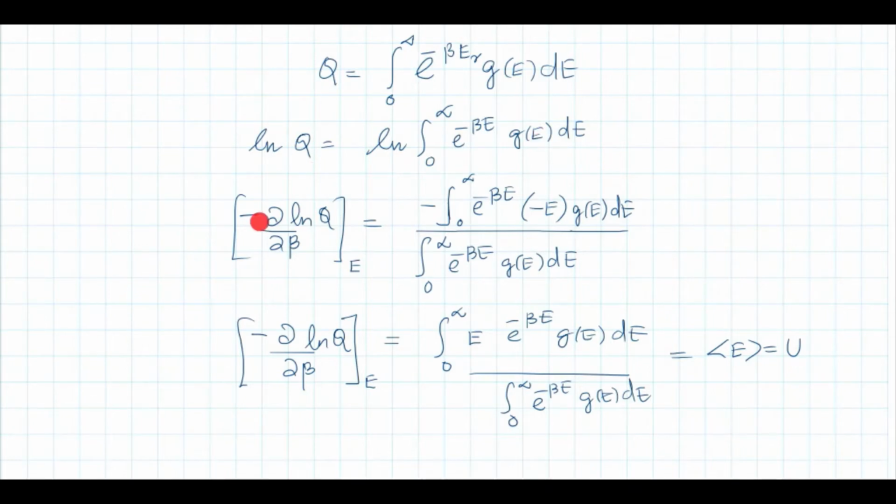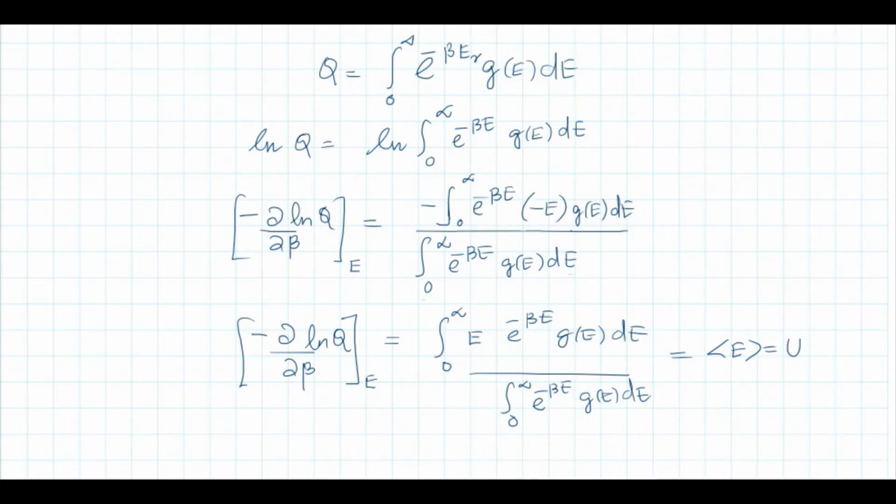So minus ∂/∂β of log Q will give you minus of the derivative with respect to beta. It is 1 divided by the integral from 0 to infinity of e^(−βE) g(E) dE, times the function of a function, that is the integral from 0 to infinity of e^(−βE). The derivative is with respect to beta, so that will give you a minus E g(E) dE.